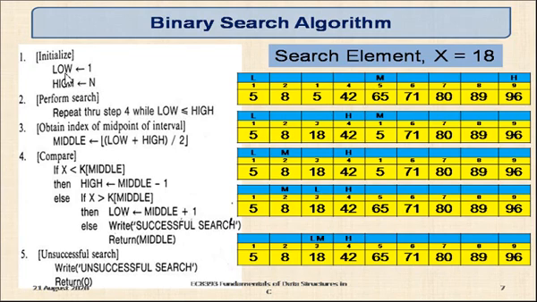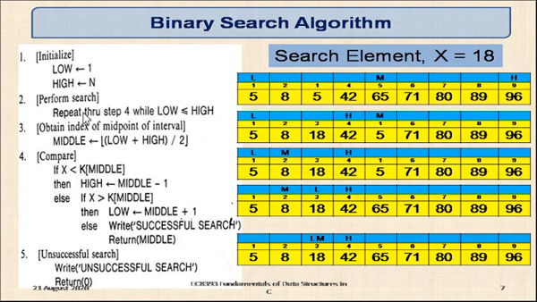Here we have the variables low, high, middle, etc. Low is written here as L, high as H, middle as M, X is the value we are searching for in the list, and K is the name of the list. So initialize the low and high pointers. Low is equal to 1, high is equal to n. Here in this case n is 9, so H is 9.